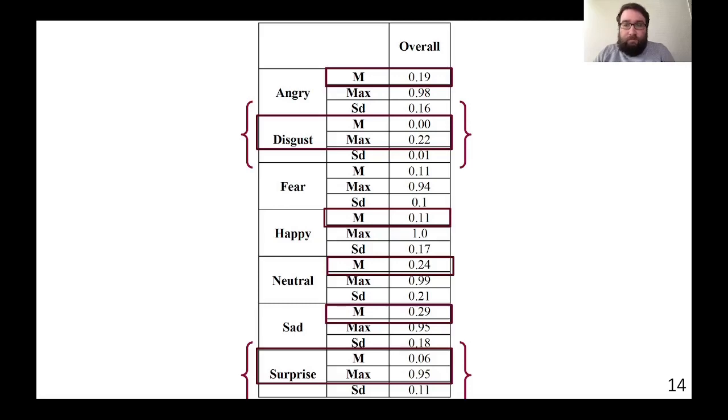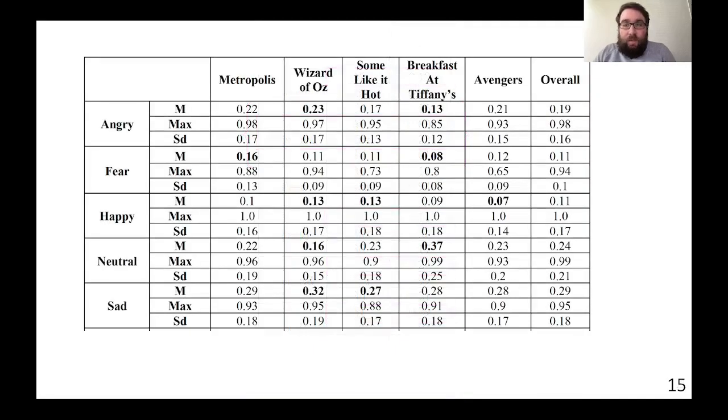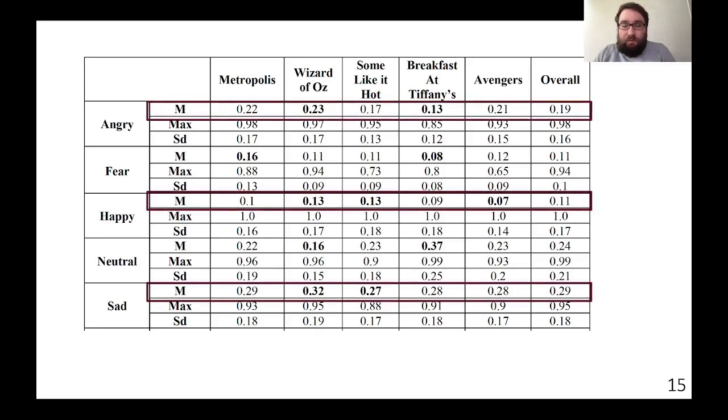For this reason, I will also neglect these two classes mostly, since they seem to play not much of a role in our movies. When comparing the movies to each other, again, I just want to focus on the averages across movies. It is striking that two comedies, or more positive movies of our corpus, the musical Wizard of Oz and the comedy Some Like It Hot, have the highest happy value, which seems intuitive.